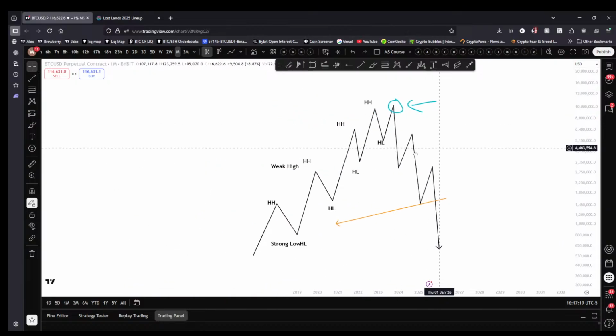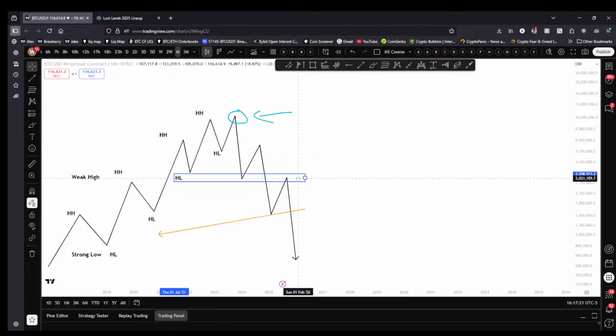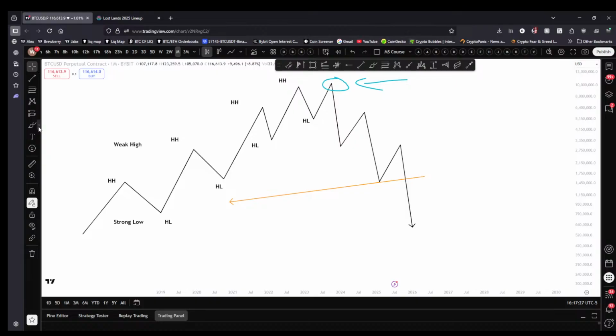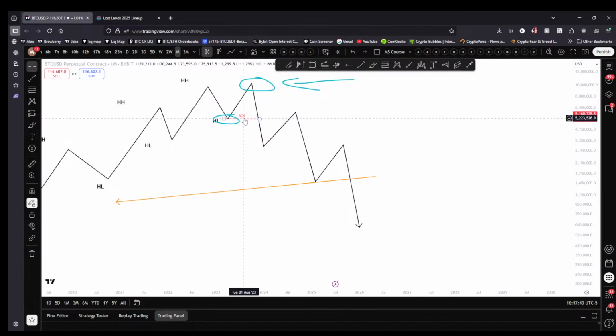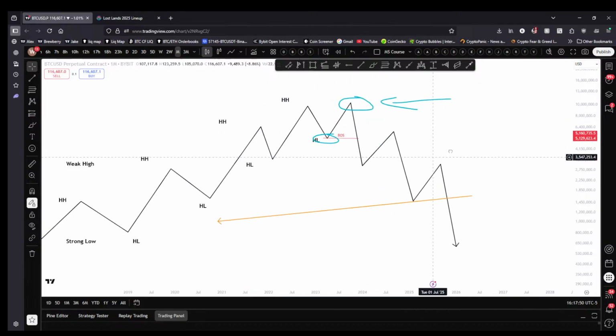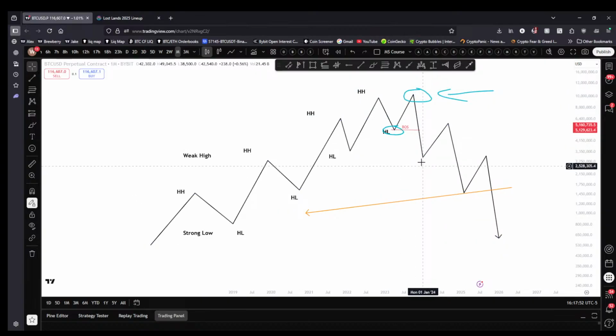So when do things change? Things change when your strong low is broken. This is what we call a break of structure, or a change of character, sorry. This would be a change of character. Something has changed.